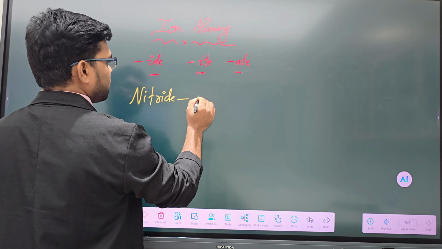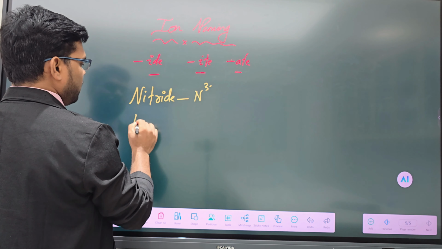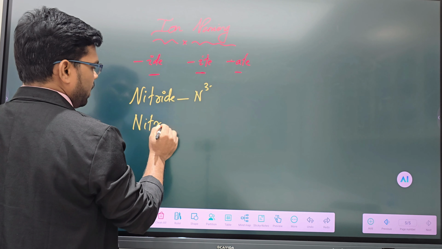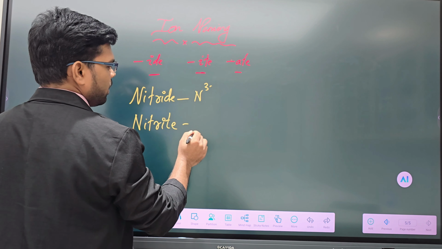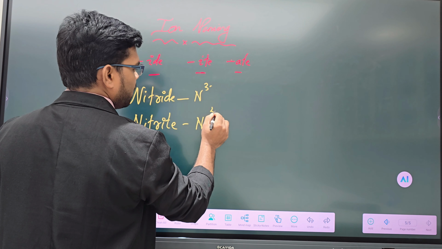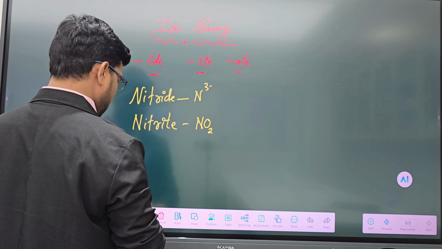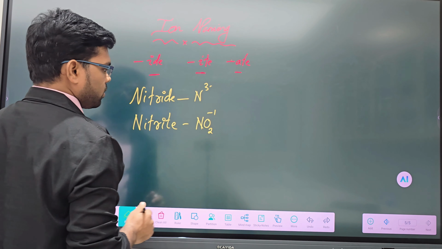Its formula is just N3 minus, and then when we write about nitrite, the formula will be NO2 minus 1.